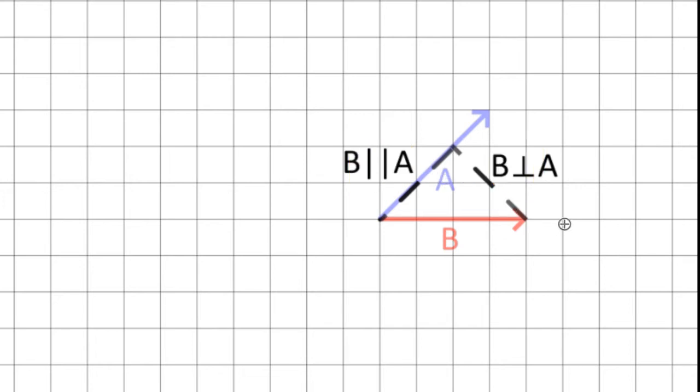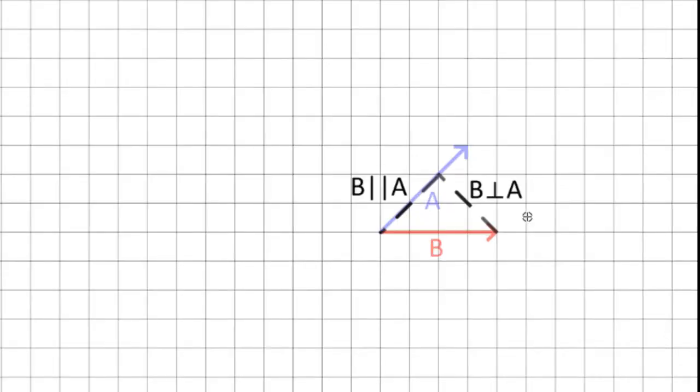And so now we actually want to find the projection of B onto A, so we're doing the opposite of what we did initially. We can figure that out. There is a formula for it.